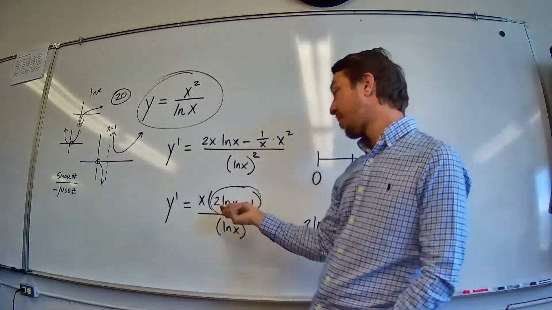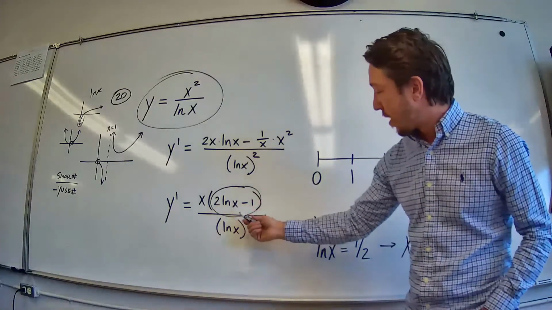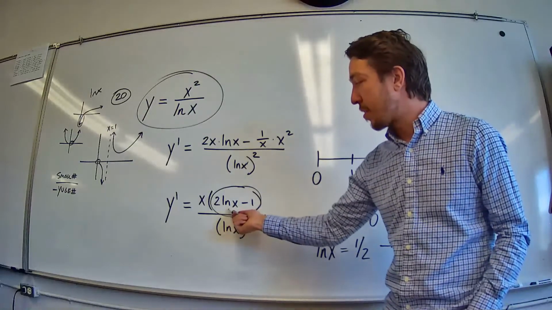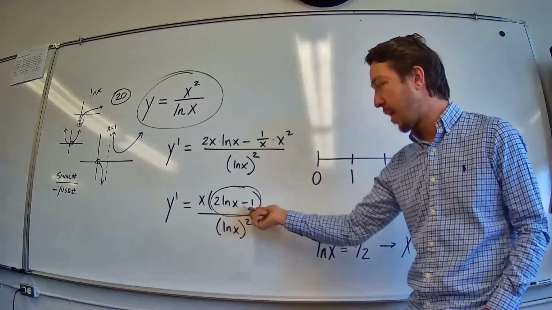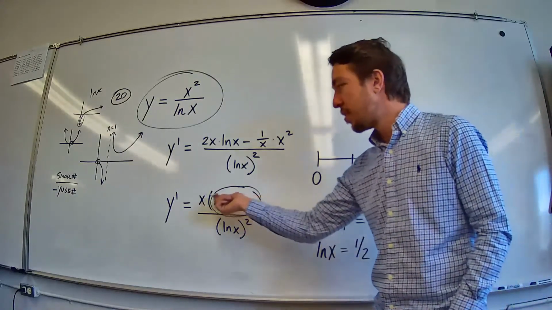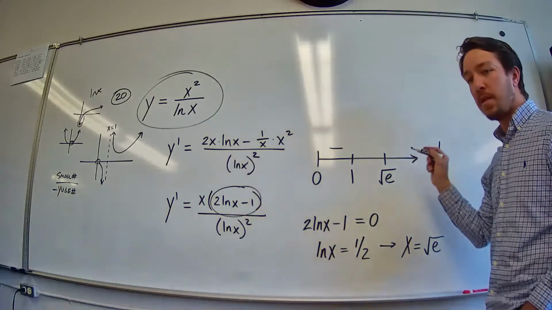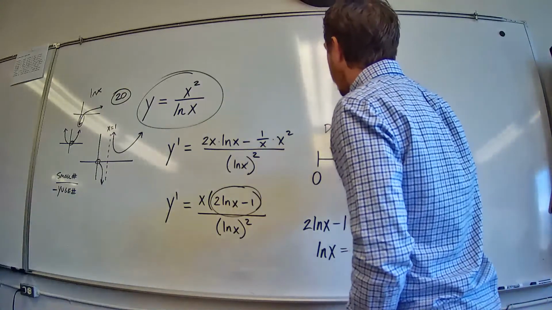So if x is between 0 and 1, then the log is negative. Negative minus 1 is still negative. So the whole thing would be negative. Does that make sense? Which indicates to us that our function is decreasing.